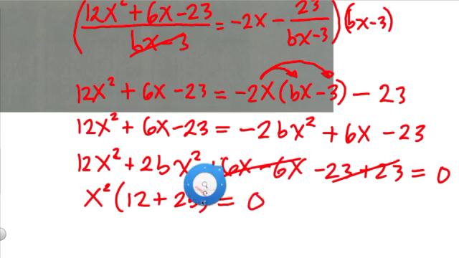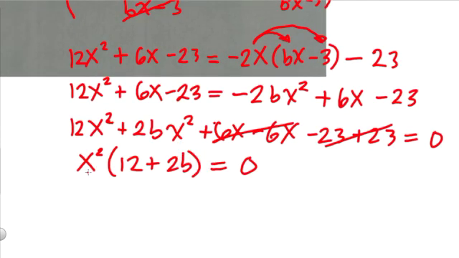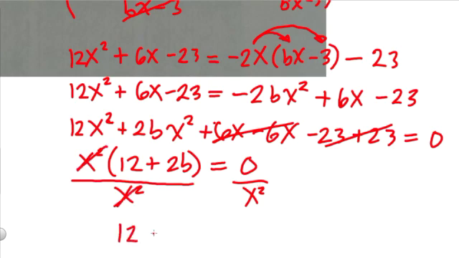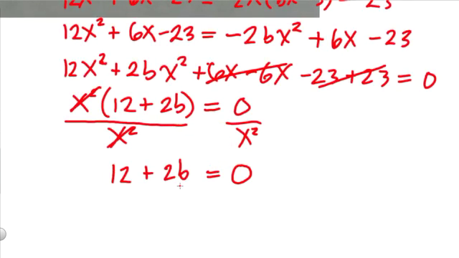And so let's divide both sides by x squared. We cancel the x squared and we're left with 12 plus 2b equal to 0, since 0 divided by any number is equal to 0. Then let's find the value of b. To do that, let's transpose the 12 to the right side of the equal sign.